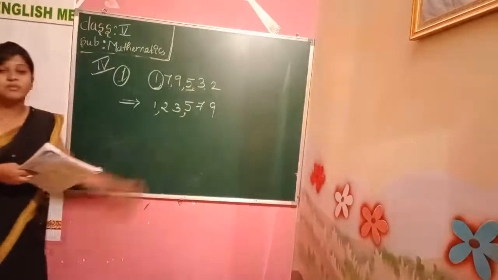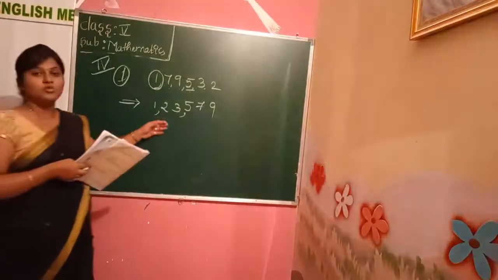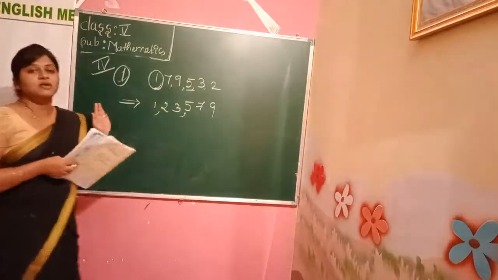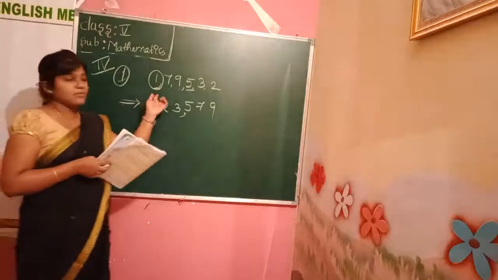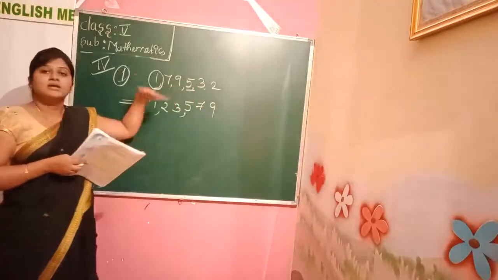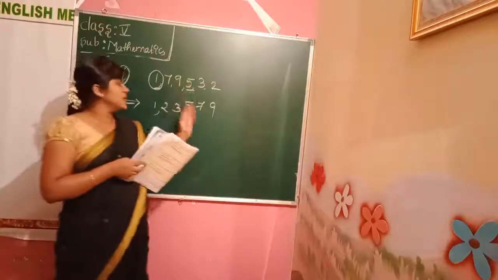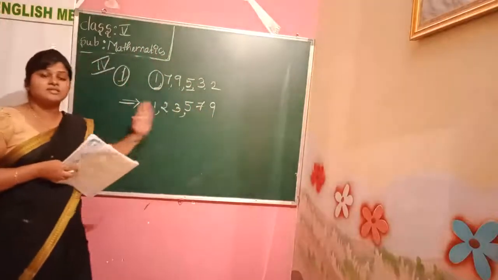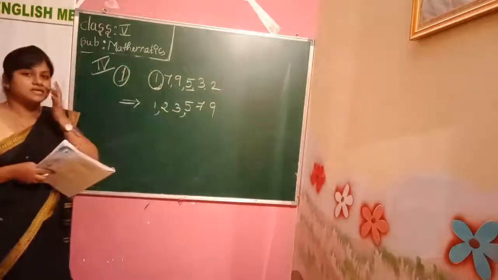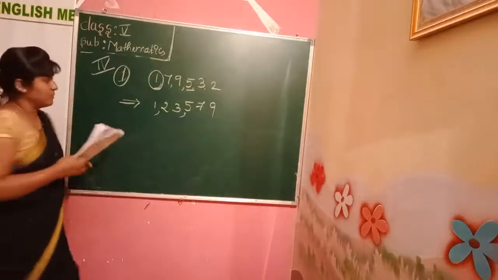This is the smallest number we found. The first smallest number, after that the next smallest number, it goes on. The last one is the highest number. We are finding the smallest number now; that time we did the greatest number.